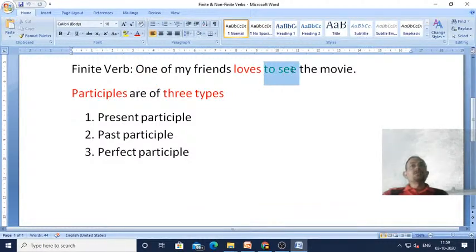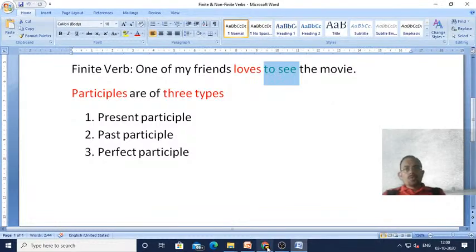But "to see" does not agree with the subject, therefore "to see" is called non-finite, whereas "loves" is the finite verb. So always remember that finite verbs are those verbs which agree directly with the subject, whereas non-finite verbs are those verbs which do not agree directly with the subject. So hopefully you've understood the difference between finite and non-finite verb.